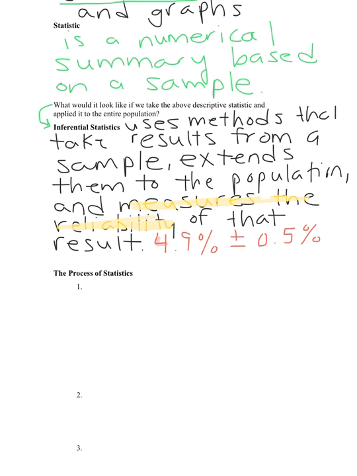And in addition to this wiggle room, we also would say how confident we are in our result of 4.9% plus or minus half a percentage. We could say something like 80% confidence. So we would say that the percentage of teenagers that have been prescribed medication for a mental disorder is about 4.9% plus or minus 0.5%, and we're about 80% confident that this is correct.